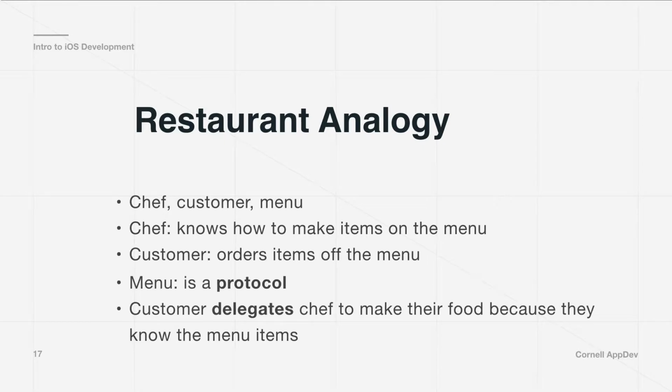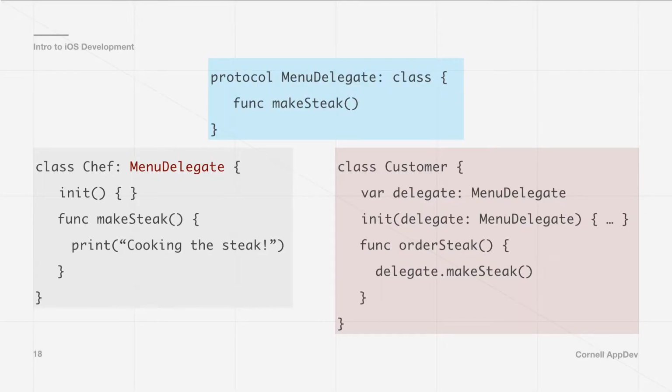Within code, there's a protocol that specifies what exactly is on the menu. Let's say there's a function called makeSteak, which is essentially an item on the menu that is steak. The customer has some understanding that there's a delegate that knows how to make steak, which in this case is the chef.